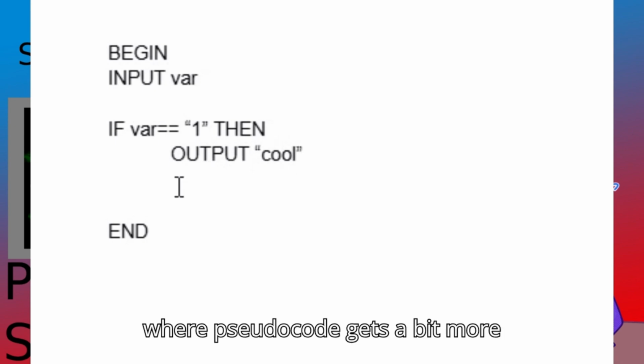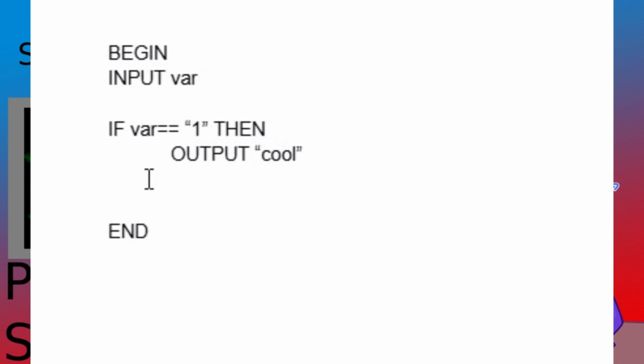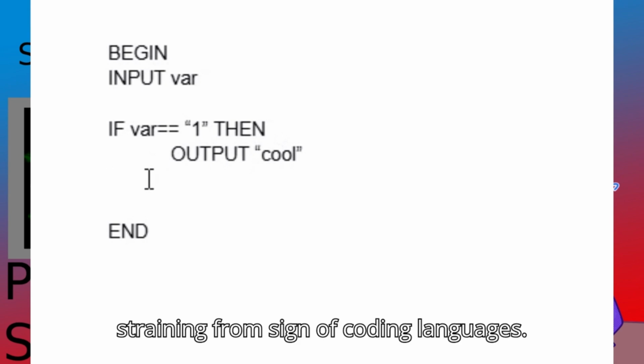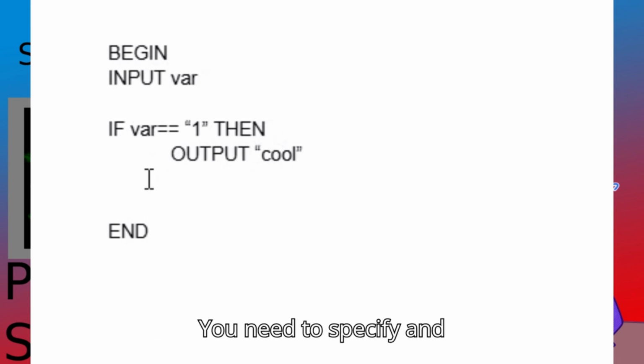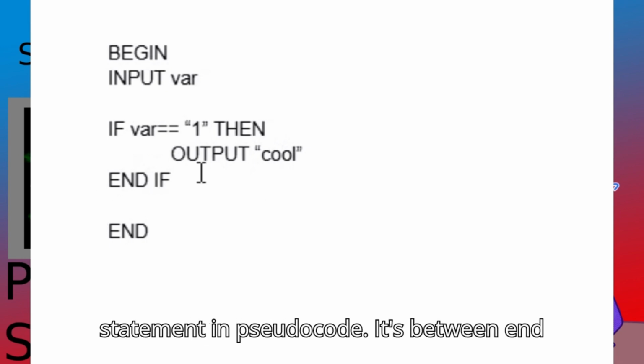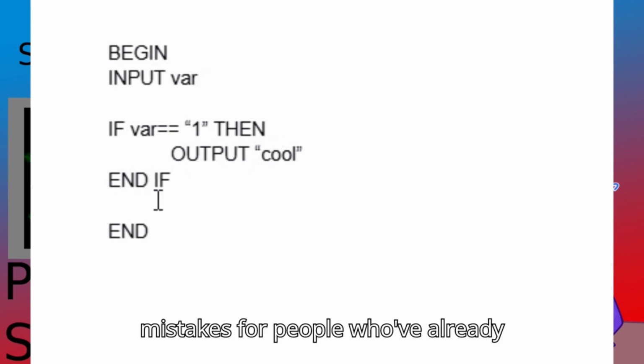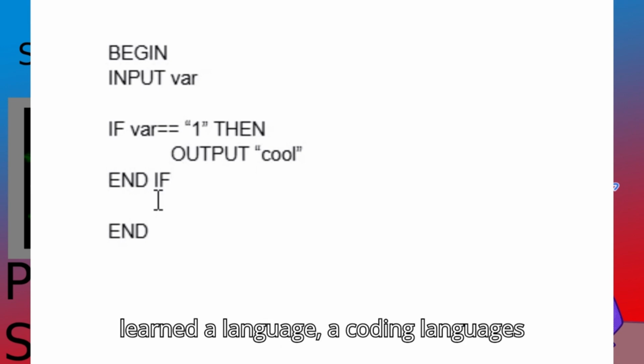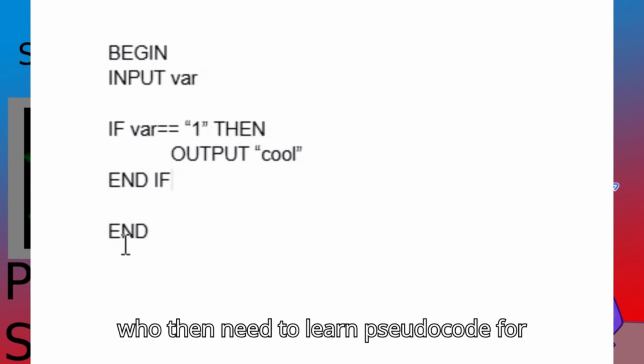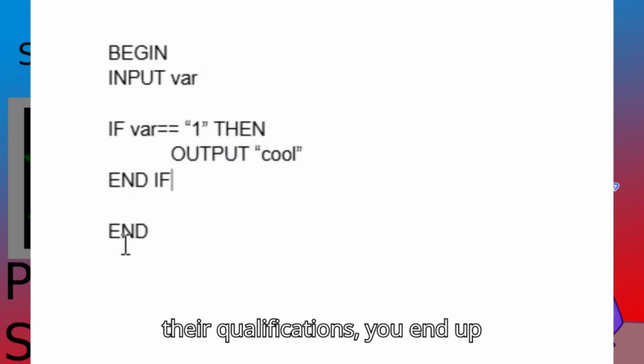But here's where pseudocode strays a bit more from standard coding languages. You need to specify end if. You need to specify this whenever you use an if statement in pseudocode. It's one of the most common mistakes for people who have already learned a coding language and then need to learn pseudocode for their qualifications.